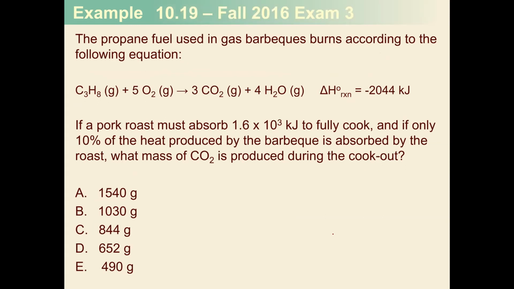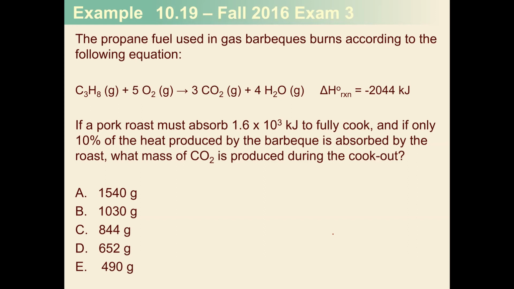This example comes from the fall of 2016 and is actually a fairly notorious question. Propane fuel used in gas barbecues burns according to the following chem equation, in which you see propane burning with oxygen forming carbon dioxide and water. If a pork roast must absorb 1.6 times 10 to the third kilojoules to fully cook, and if only 10% of the heat produced by the barbecue is actually absorbed by the roast, what mass of carbon dioxide is produced during the cookout?